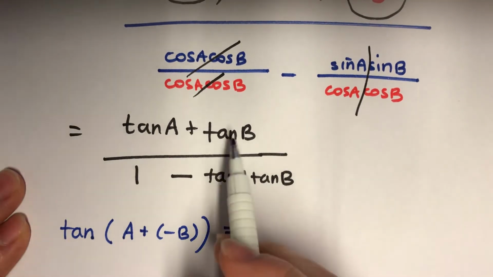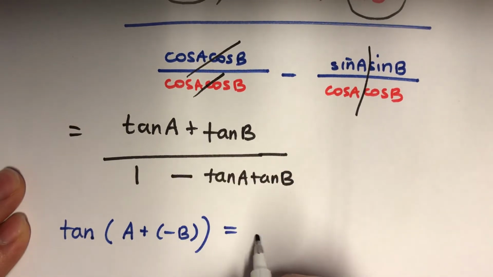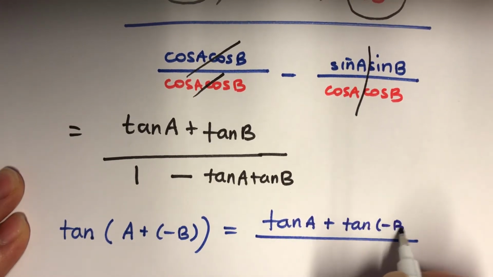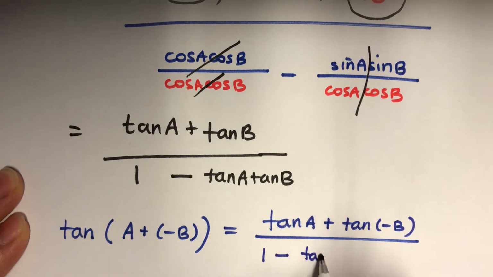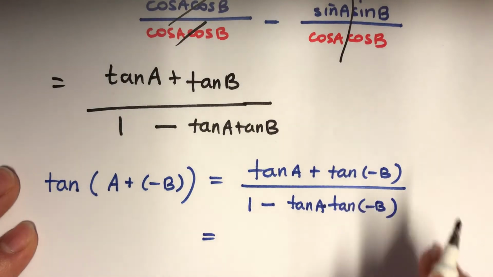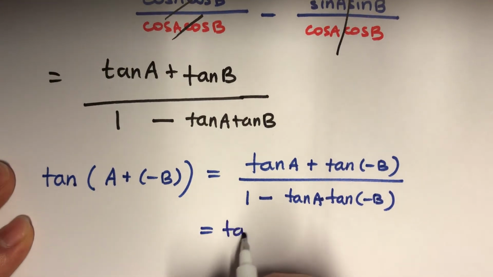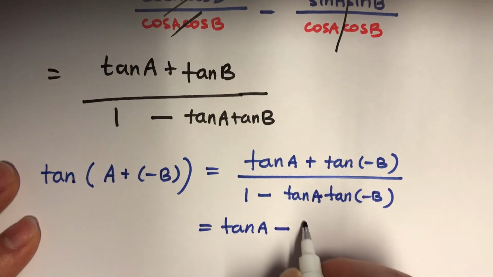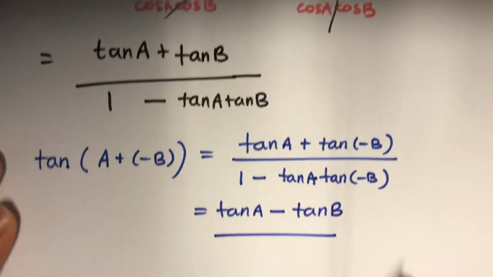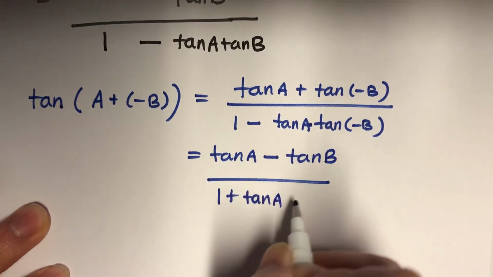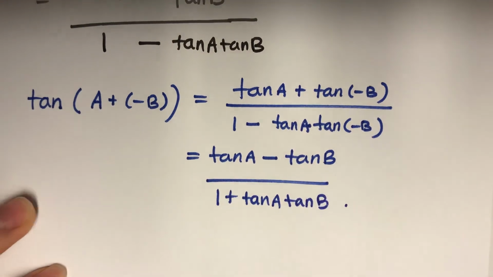So from this formula we got, I'm going to put tan A plus tan minus B over 1 minus tan A tan minus B. Okay, so with the negative value with the tan, it's very similar to sine. It's not an odd function or even function, but it's the same. So it'll be minus tan B. And because it's minus out to the front, it'll be 1 plus tan A tan B. See, I told you that's really simple.